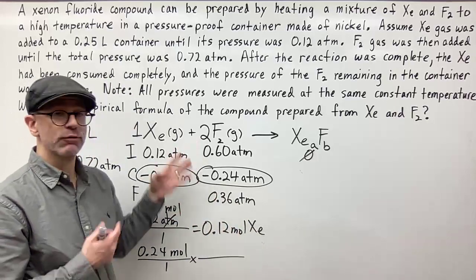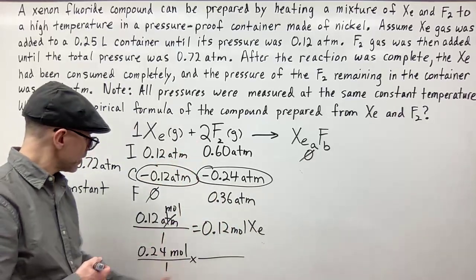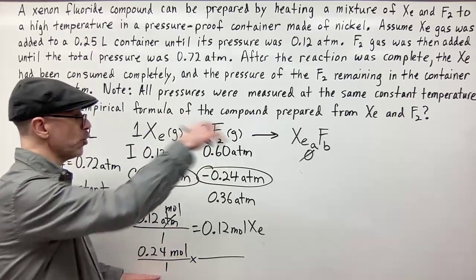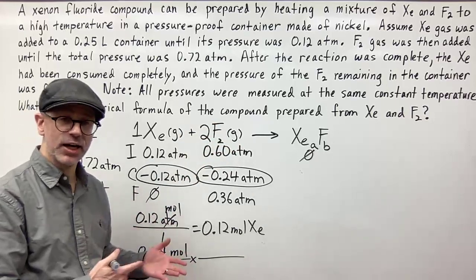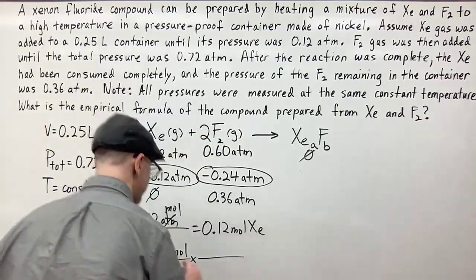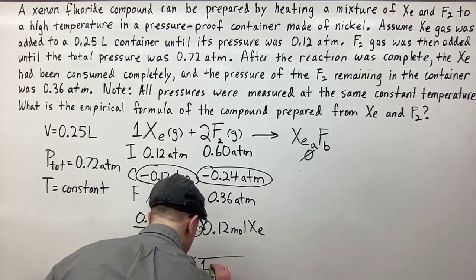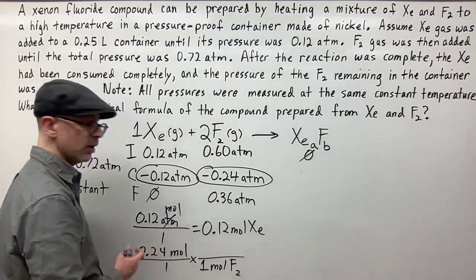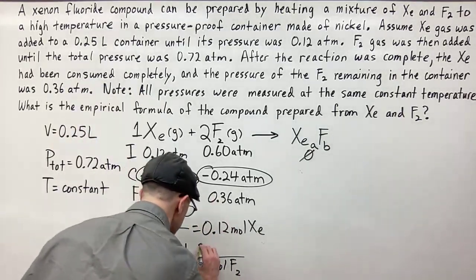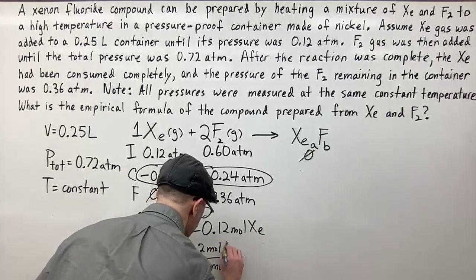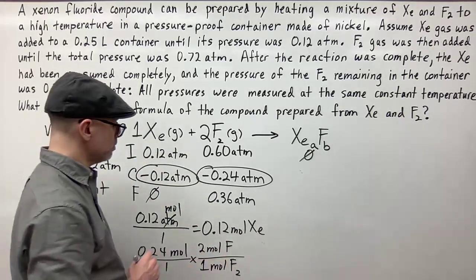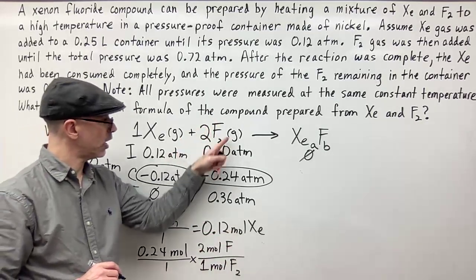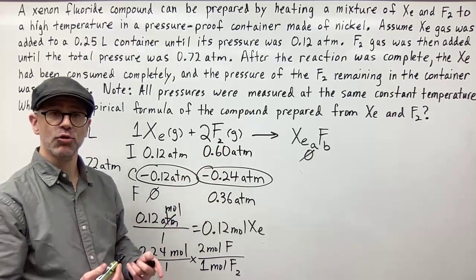So we know that for 1 mole of F2 molecules, we get 2 moles of fluorine atoms, because one formula of F2 gives us 2 atoms.